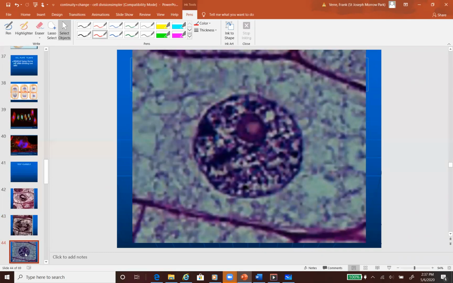This would be interphase. So, I lied to you. This is actually not a stage of mitosis. This is interphase, because you can see the nucleus, but you can't really make out the chromosomes. But you could argue that this is the beginning of possibly prophase, right?